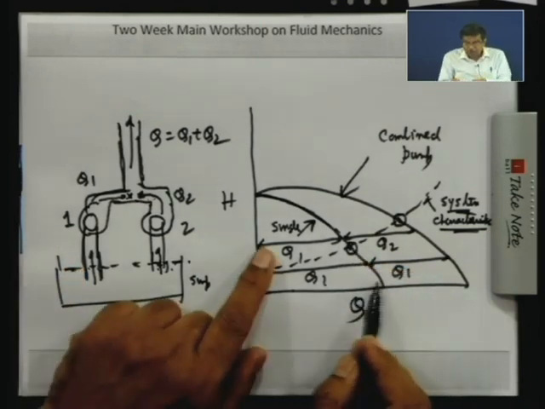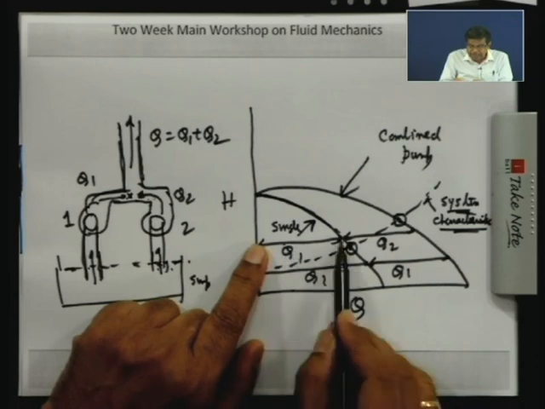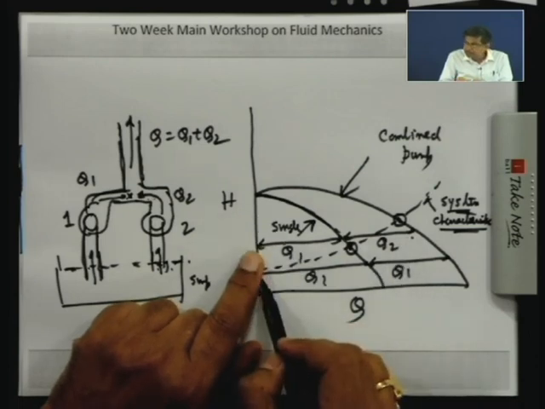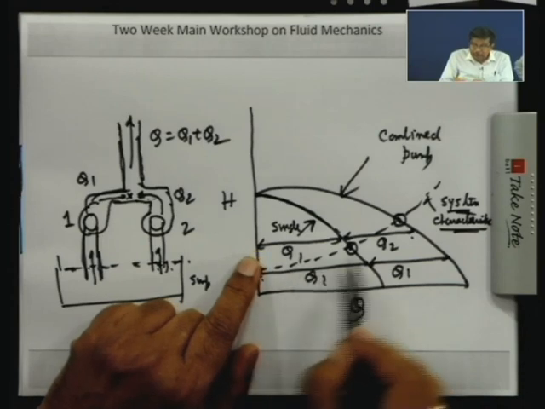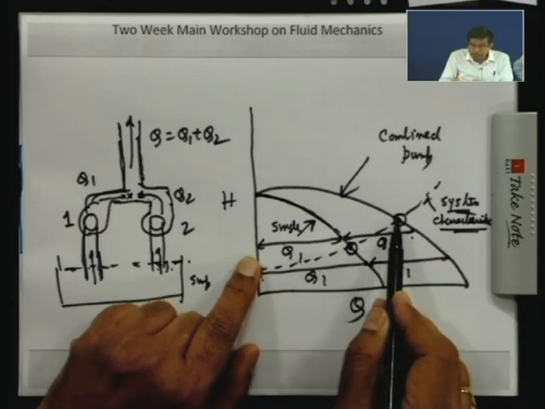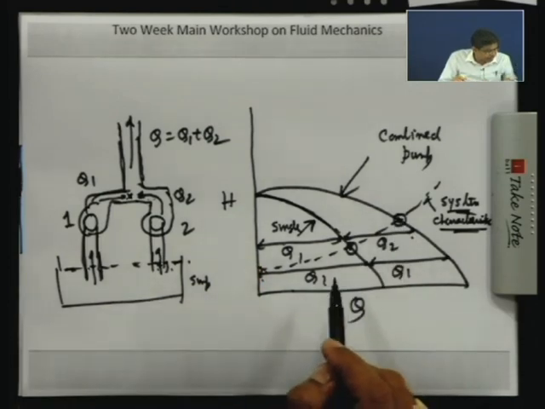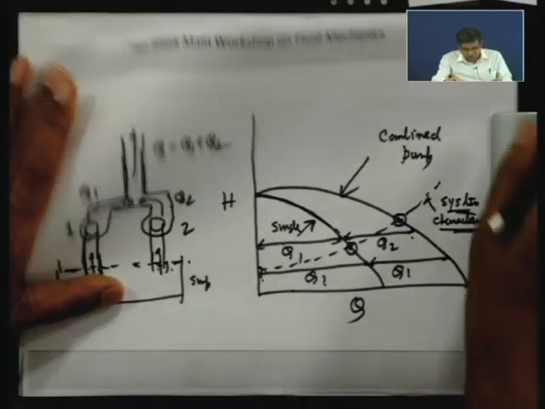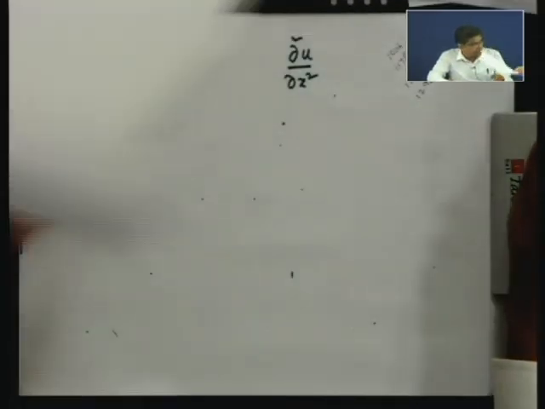So, for pumps in parallel, you can draw this by adding the discharge for a given head, and accordingly you can find out the operating point where the system characteristic is intersected by the pump. So, I think we will conclude here.